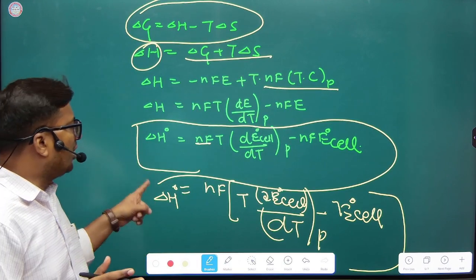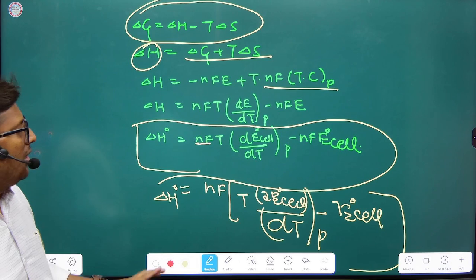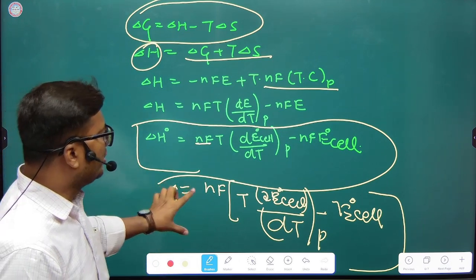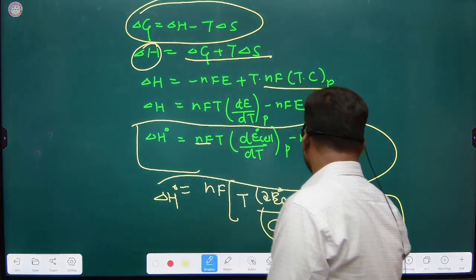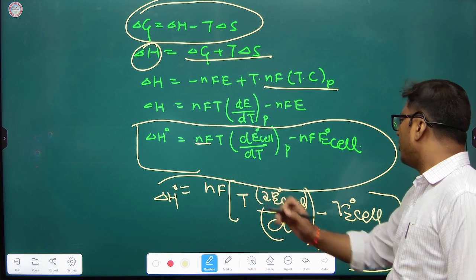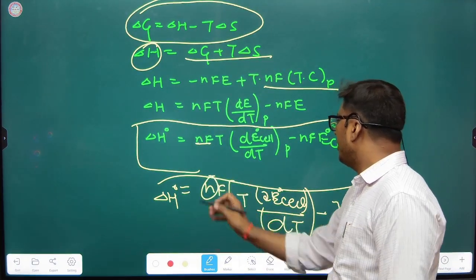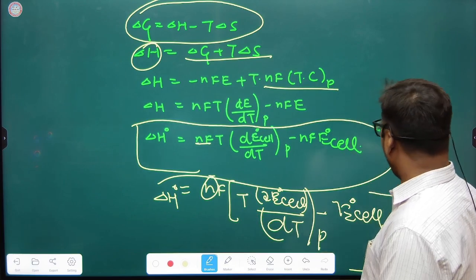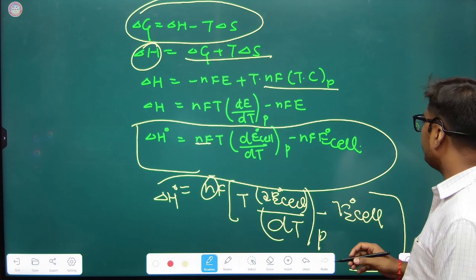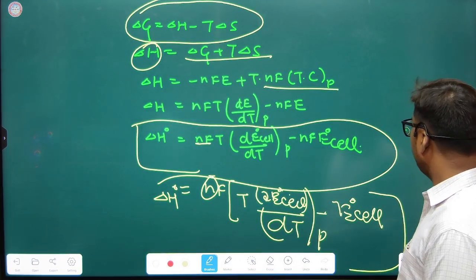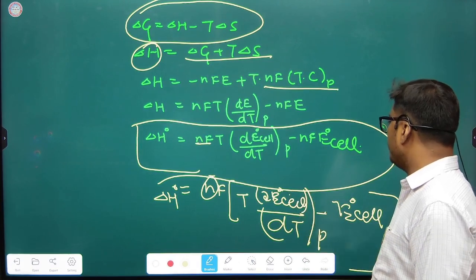So whether the reaction is exothermic or endothermic will be calculated through these variations. This delta H naught is directly related to the number of electrons transferred in the electrochemical cell, and it also depends on dE cell upon dT, that is the temperature coefficient.